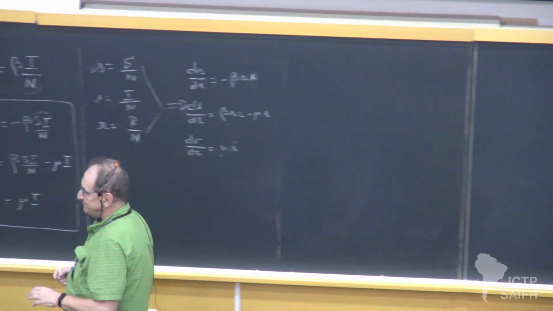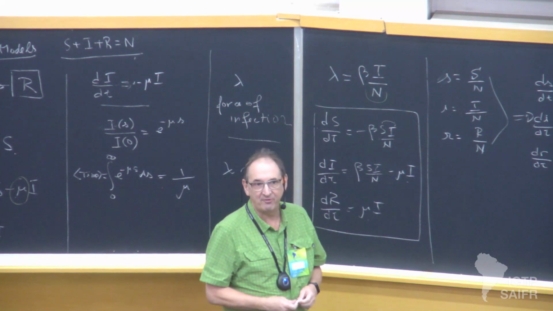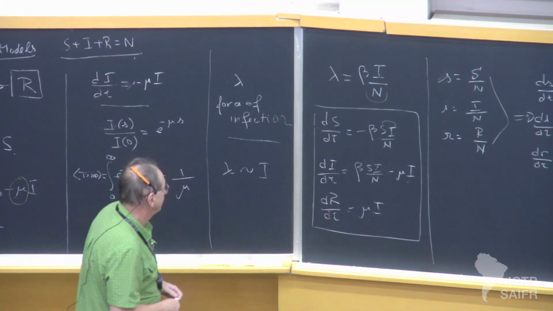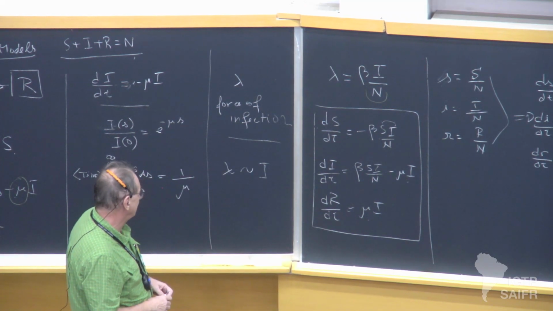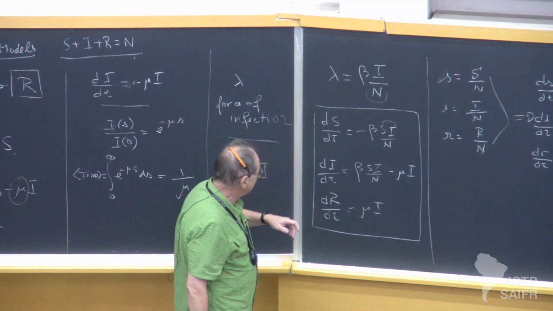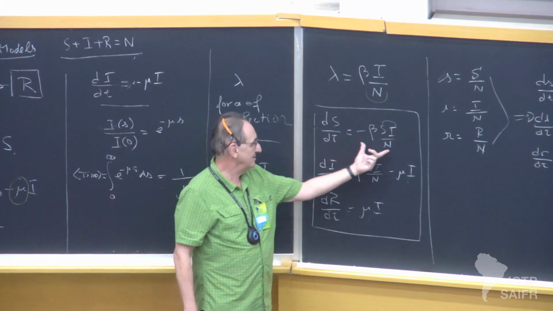Okay? So, in principle, the best thing you can hope for in most modeling exercises is that you know the number of new infections per day, which is essentially this guy.